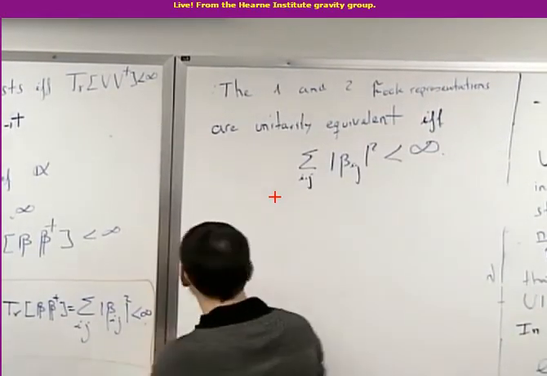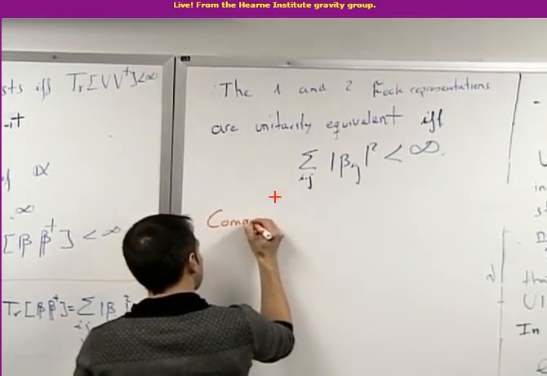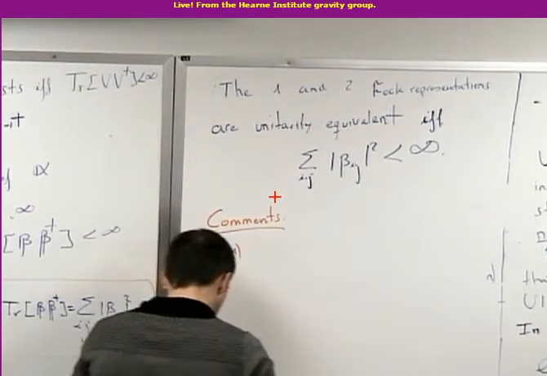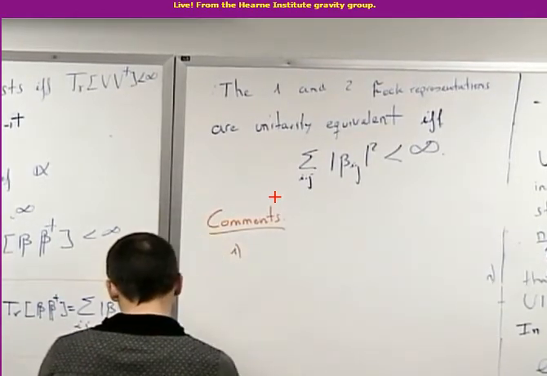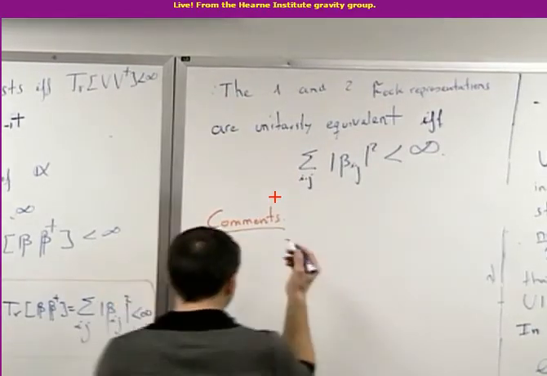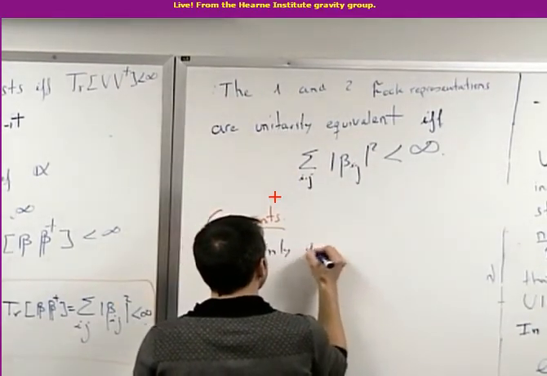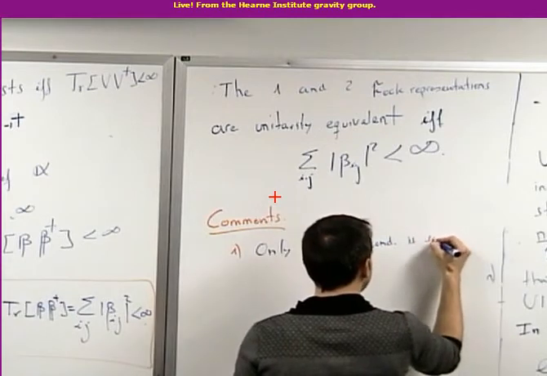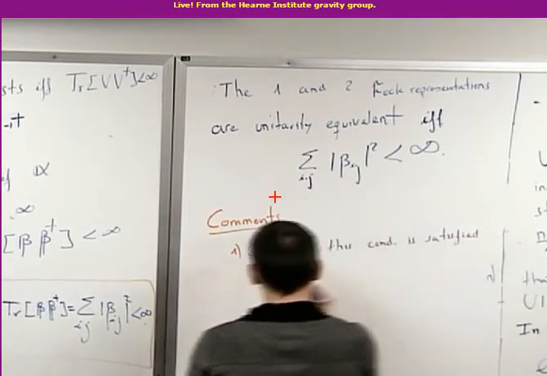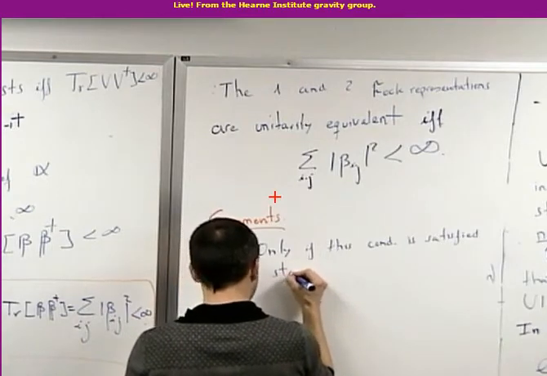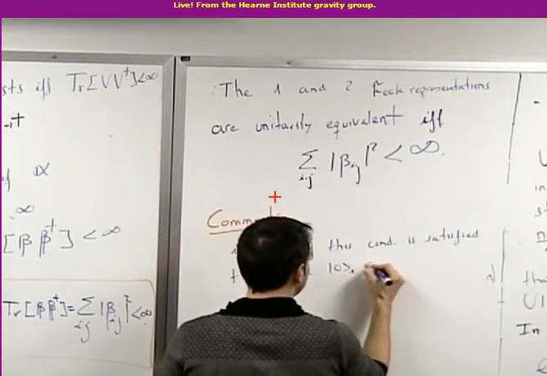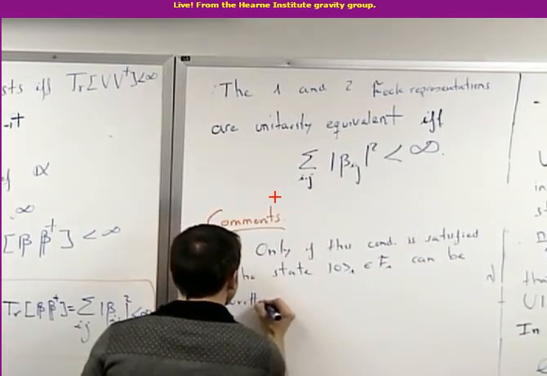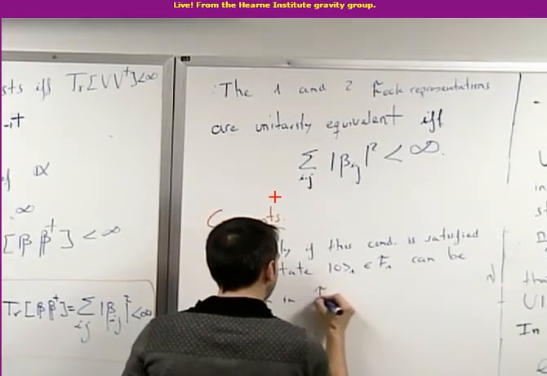So let me finish the class with some comments. The first comment is that, of course, only if this condition is satisfied, the vacuum one belonging to the Fock space one can be written in the Fock space 2.